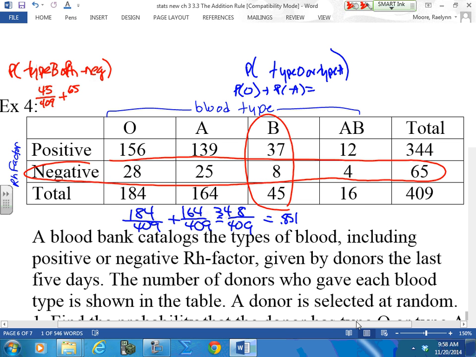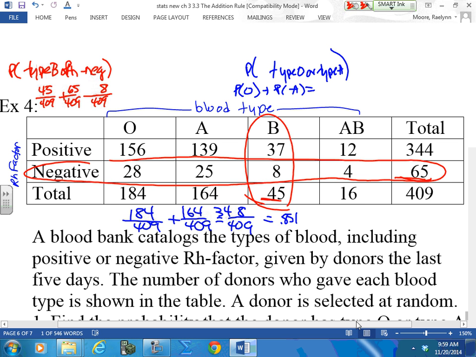65 over 409. Is there any part of those two lines that overlap? Where? 8. So that's the part that you counted twice. You counted the 8 in this total, and you counted the 8 in this total. So you've got to subtract out 8, because these were not mutually exclusive.